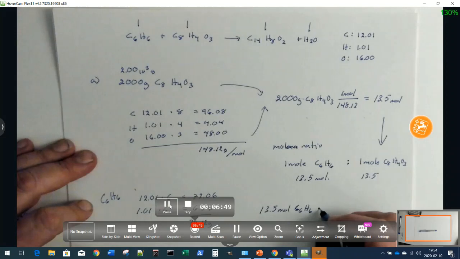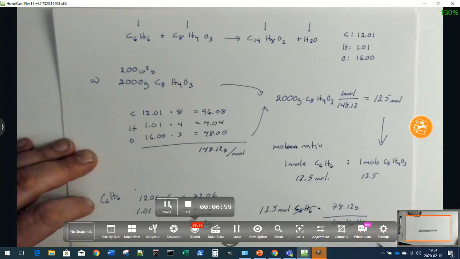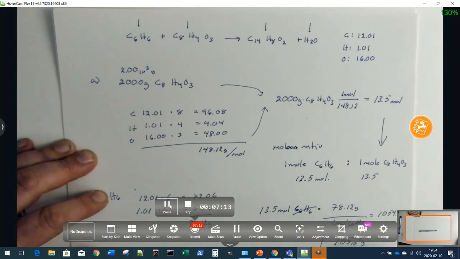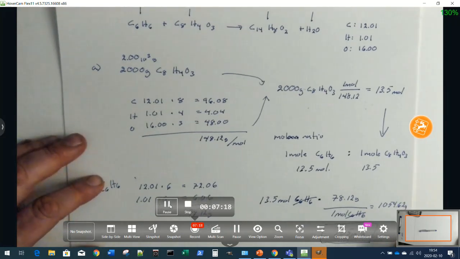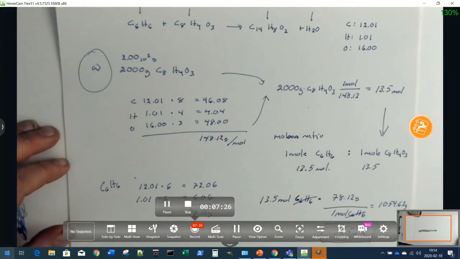So 13.5 moles times 78.12 grams per mole, so that we can cancel our units, gives us 1,054.62 grams, or 1.05 times 10 to the third grams, if you want to use the same notation as in the question. So that's part A. Yay! Part A!